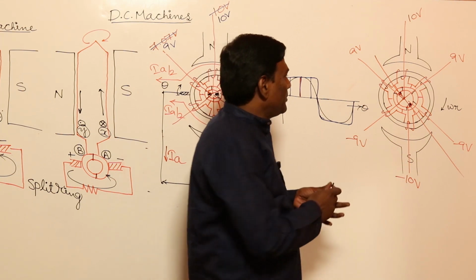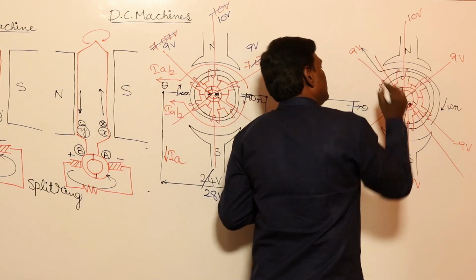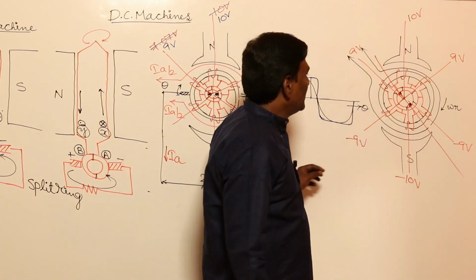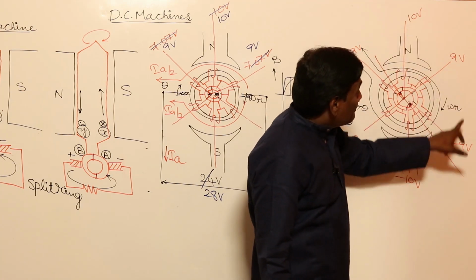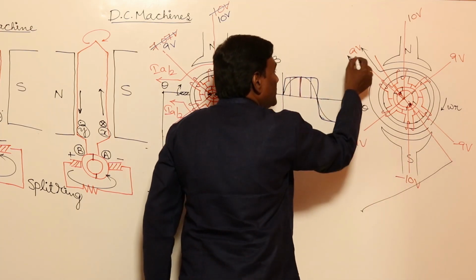For example, if I make from here to here one parallel path, and one parallel path, what is the induced voltage here? See, 10 plus 9 minus 9, the output voltage is going to be 10 volts.